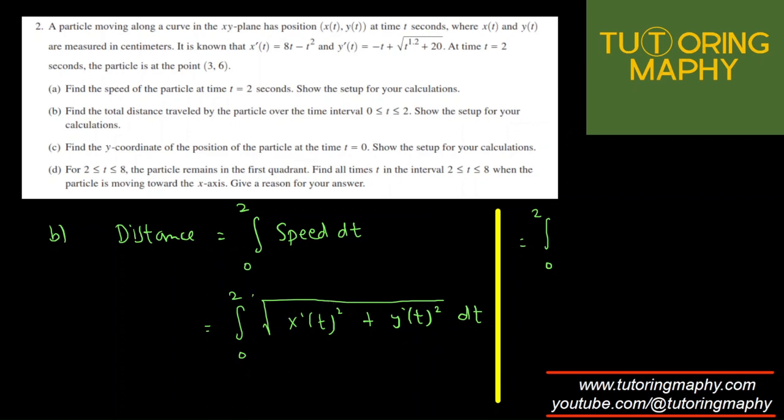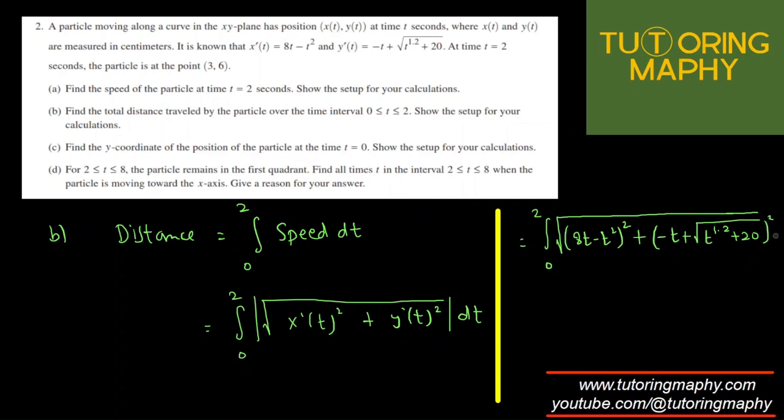But just so you know, the speed is given by the absolute value of this thing, just to avoid any confusion. So I'm going to put x prime t squared and y prime t squared here, which is 8t minus t squared plus negative t plus square root of t raised to 1.2 plus 20. Oh my goodness.